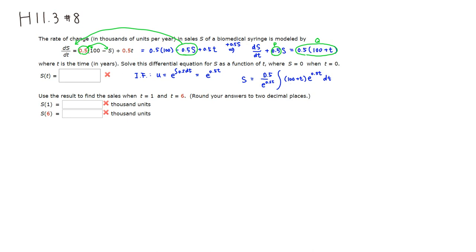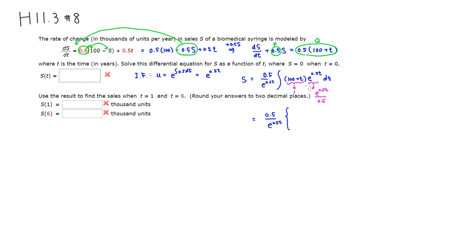So we have to use integration by parts. I'm going to take the derivative of this, we get 1. I'm going to take the antiderivative of this, you get e to the 0.5 t over 0.5. So we have 0.5 over e to the 0.5 t still there. Then I'm going to put a bracket there.